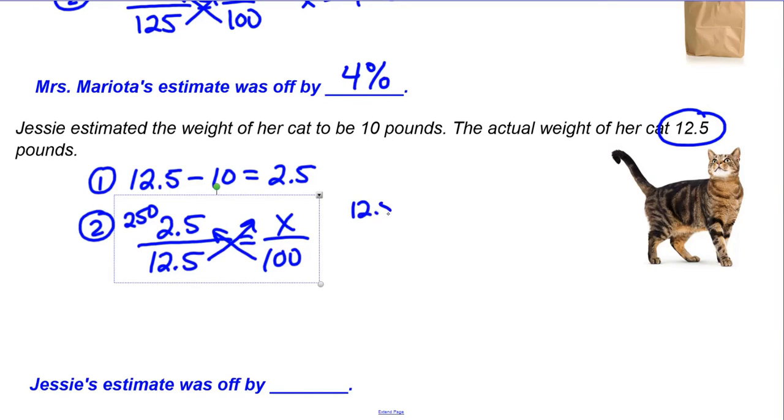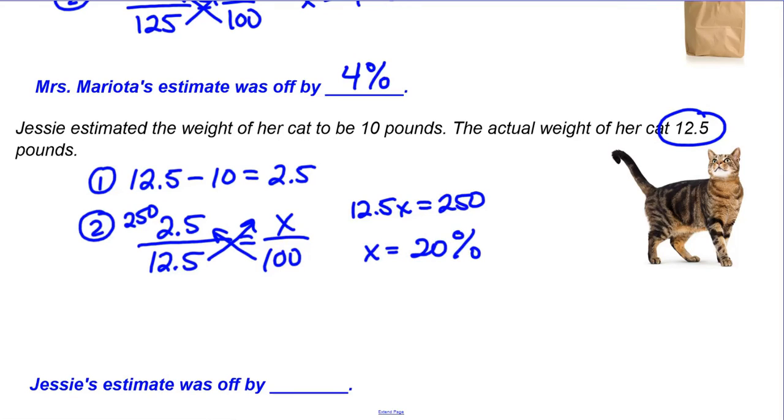So 12.5 times x is 250. So I take 250 divided by 12.5 to find out what x is, and that gives me 20. So 20%. So Jesse's estimate was off by 20%. So using similar proportions here to find percent of change and to find percent error.